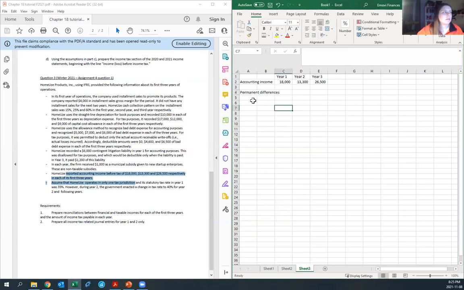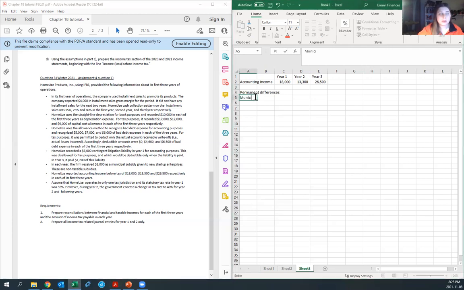There's only one here: the municipal subsidy. The subsidy increased their accounting income for year 1, 2, and 3 by $1,000. But tax doesn't allow for that amount in their taxable income. So you want to reduce your accounting income by $1,000 to reflect the tax laws.